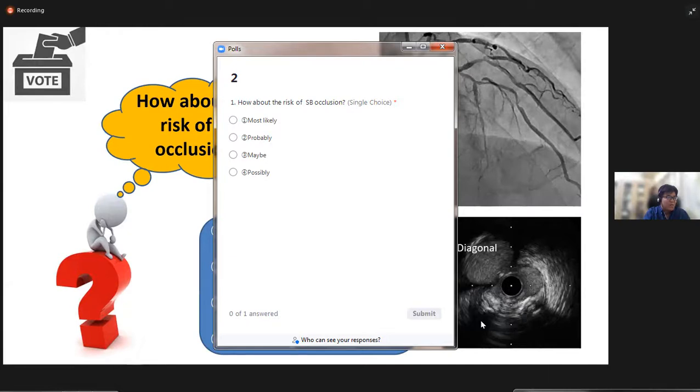One is the plaque characteristic and volume at the opposite side of side branch, and plaque volume at the ostium of side branch, and angle between the main branch and side branch.